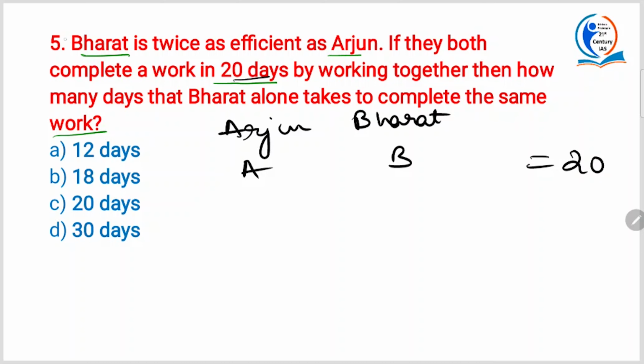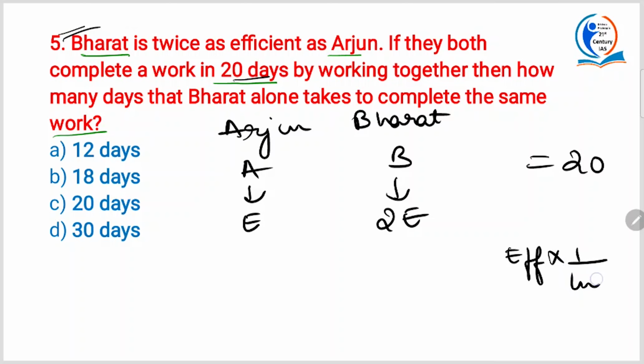The condition they mentioned in the first line is Bharat's efficiency is twice as much as Arjun's. If this fellow's efficiency is E, Bharat's efficiency will become 2E. Now we've already seen that efficiency is inversely proportional to time. In this case, if they're doing it together and if Bharat alone is doing, the work remains the same.